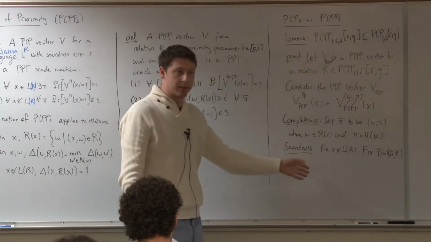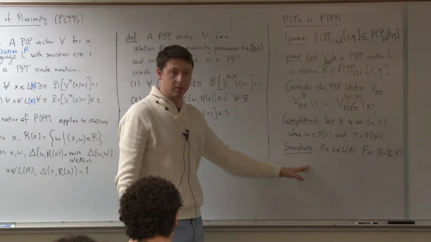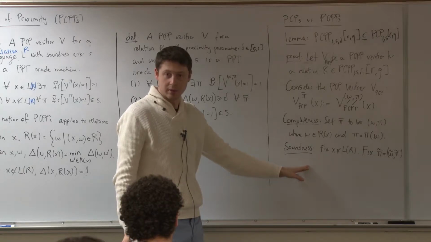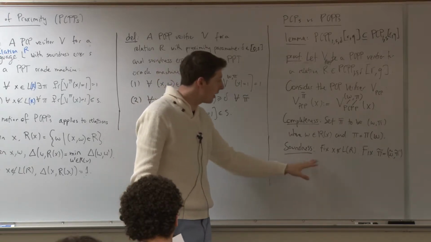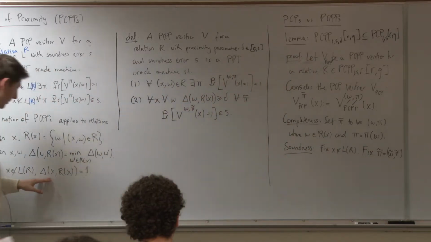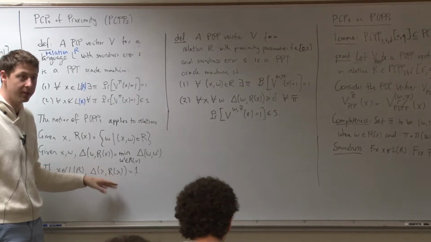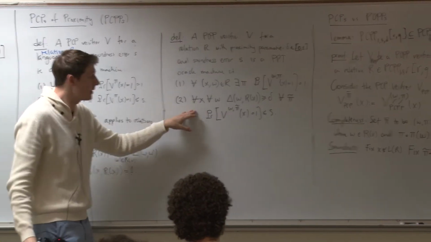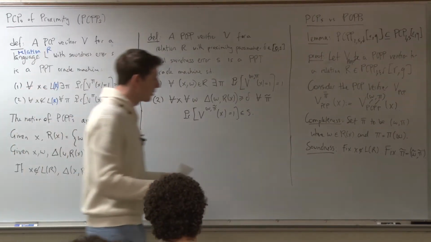But are there valid witnesses? No, right? So what does it mean? It means that regardless of what's written, the distance from X to the set of valid witnesses is 1. So therefore, this kicks in. Okay?